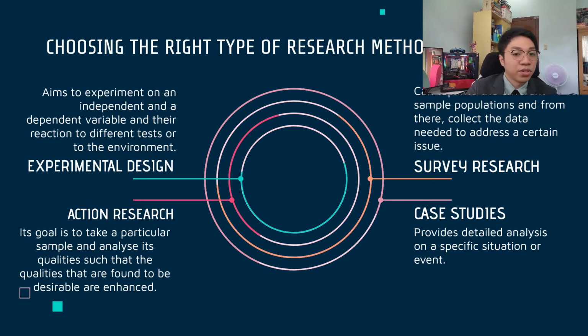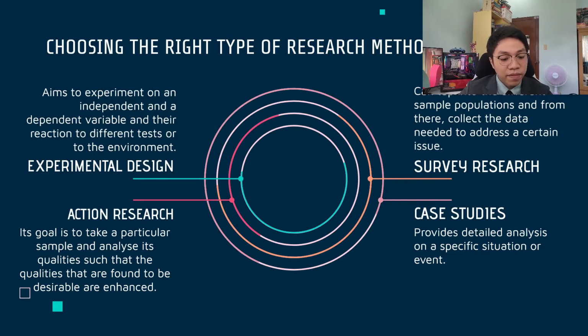The next research methodology type is action research. So the goal of this research is simple, and that is to take a particular sample and analyze its qualities such that the qualities that are found desirable to the research are then enhanced.